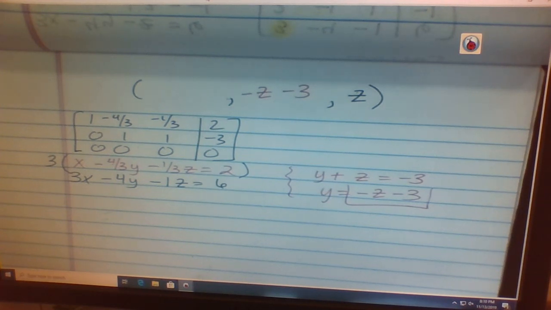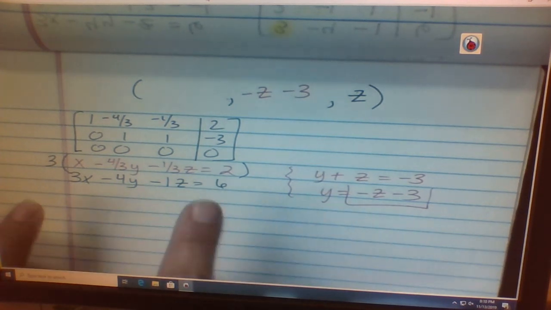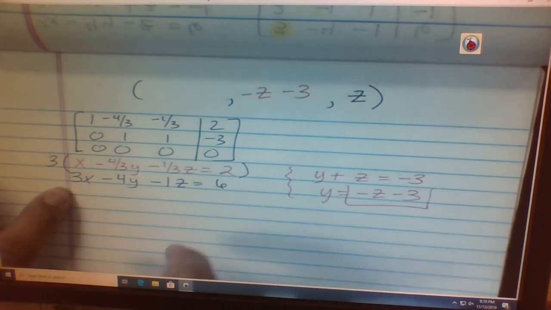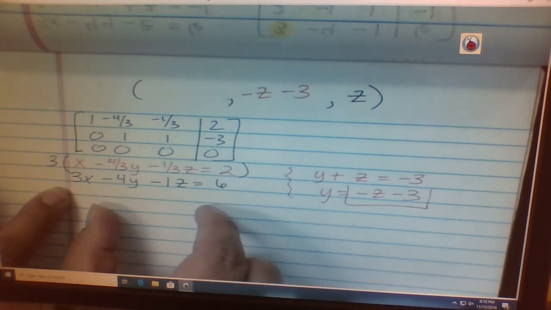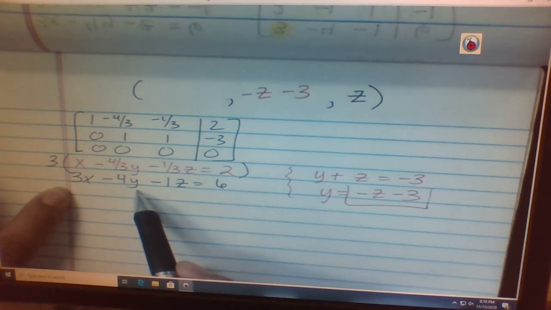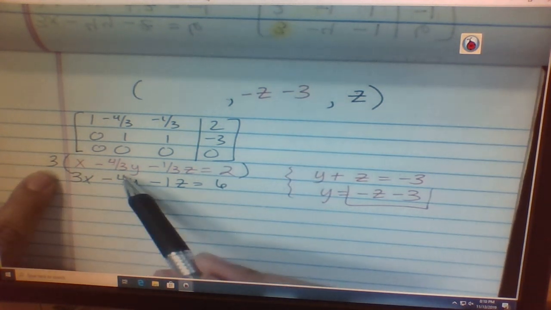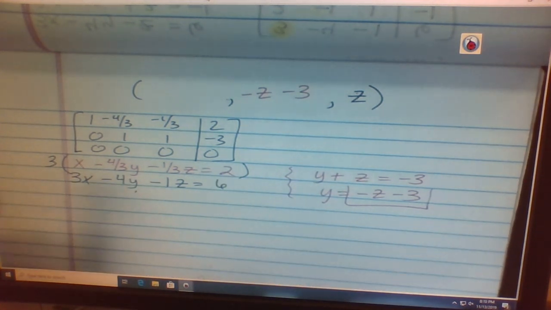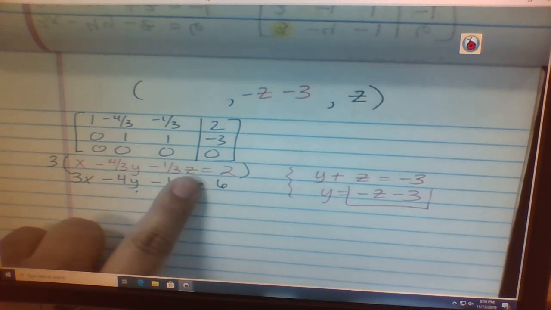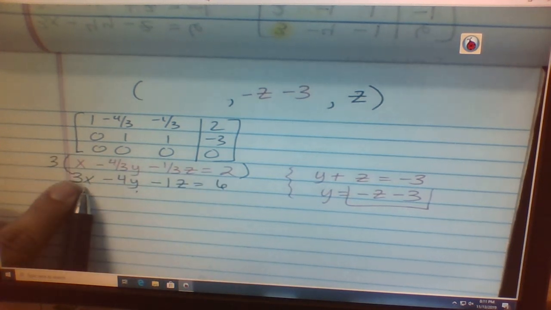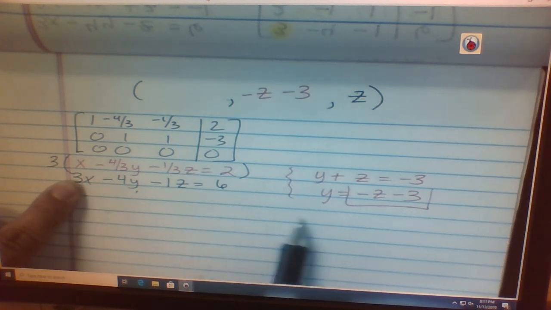The only thing is this: I told you that you need to solve for x, but it has to be only in terms of z. Right now I have a y, which I can't have. So you always multiply by the denominator to get rid of fractions. Once again, I need to solve for x, but only in terms of z.